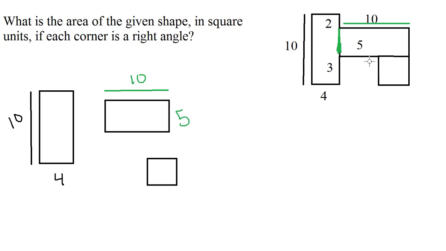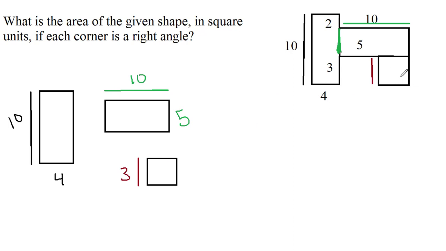Our last rectangle, this length corresponds with this length. We're pretending that these are ending at the same spot, so this length would be the same as the length of this segment. So this length would be 3.